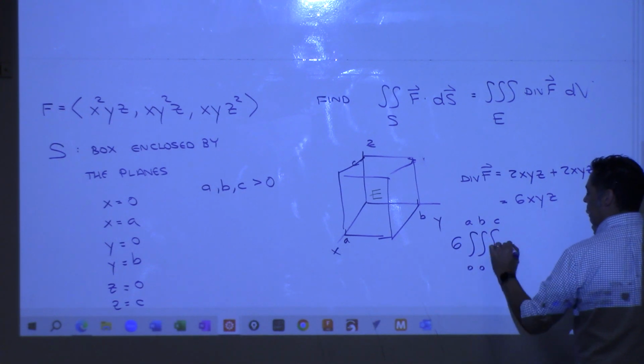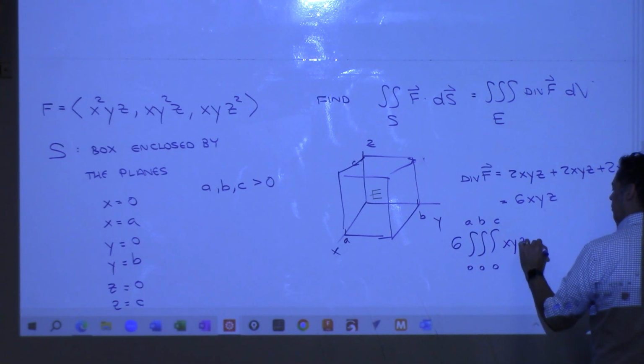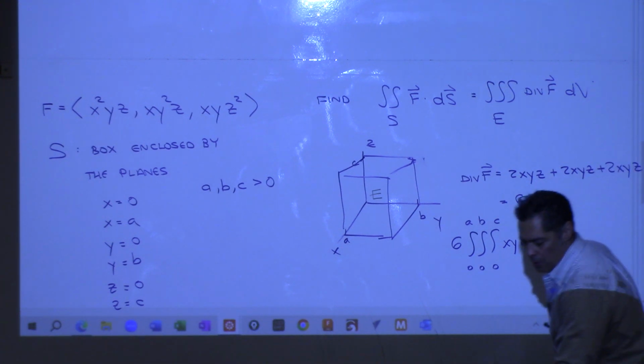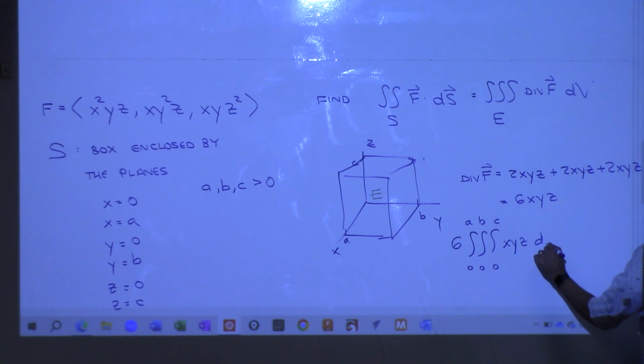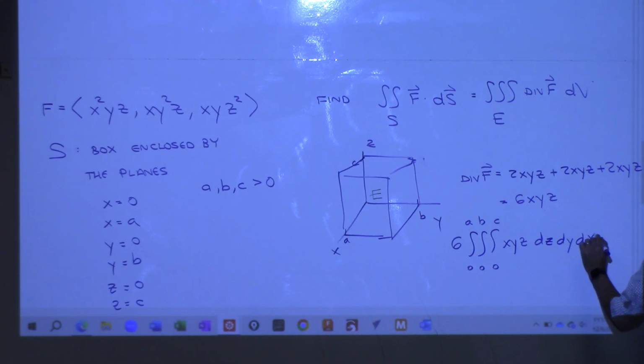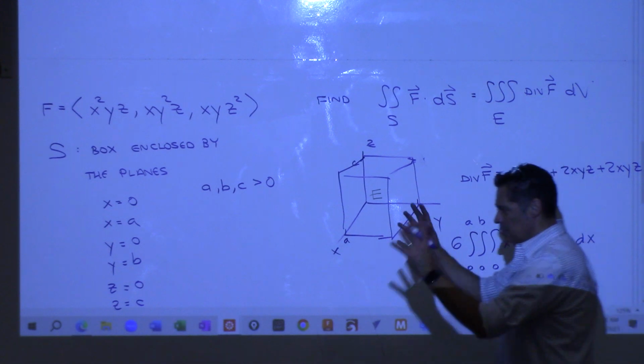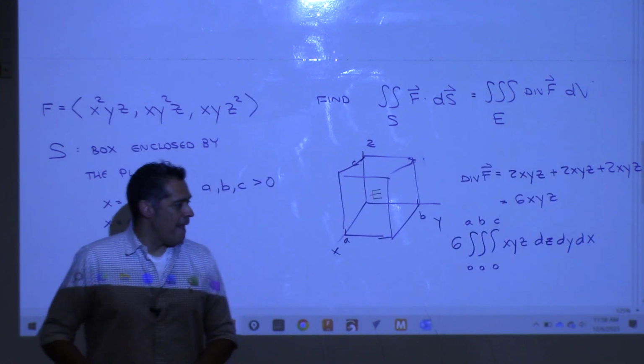Pull the 6 out, xyz in here, dz dy dx: Z first, then y, then x. No need for polar here. You don't have any polar anywhere, do you? Nothing looks polar. And that's it.